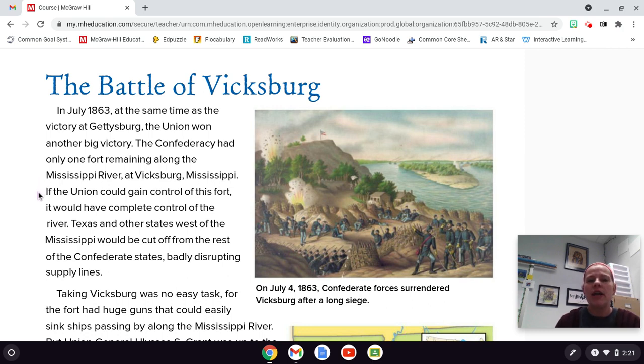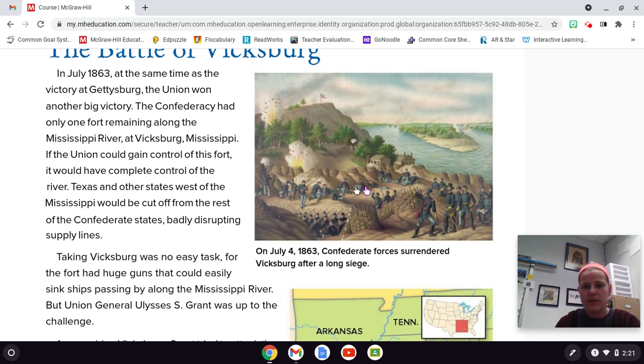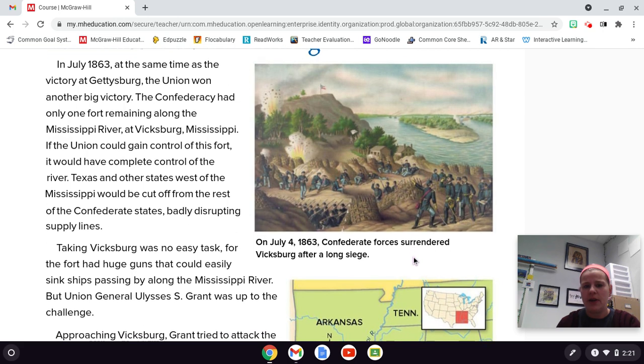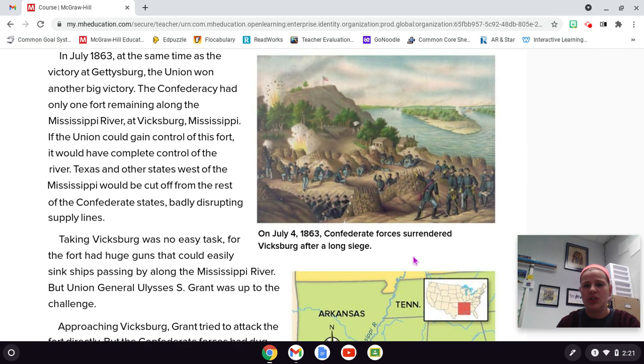If the Union could gain control of this fort, it would have complete control of the river. Texas and other states west of the Mississippi would be cut off from the rest of the Confederate states, badly disrupting supply lines. So here's a picture where it says on July 4th, 1863, Confederate forces surrendered Vicksburg after a long siege.